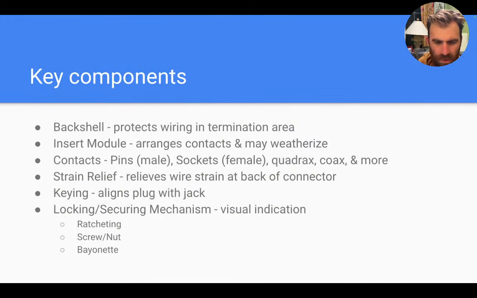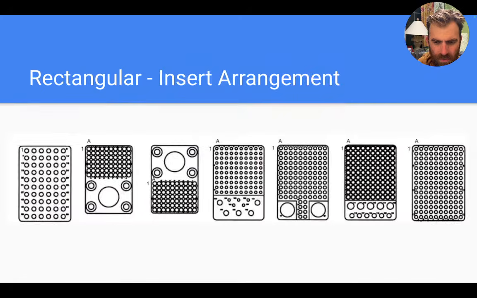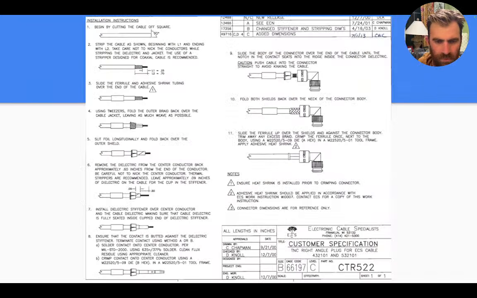All right, and then let's see what else I have lined up here. Just to see how a coax connector is terminated, I wanted to put an example installation or assembly instruction up here. If you watch the previous video, it has a view of how a coax cable is laid out.